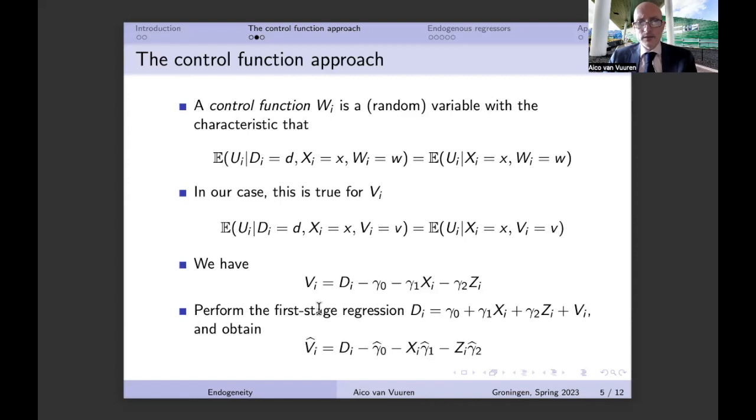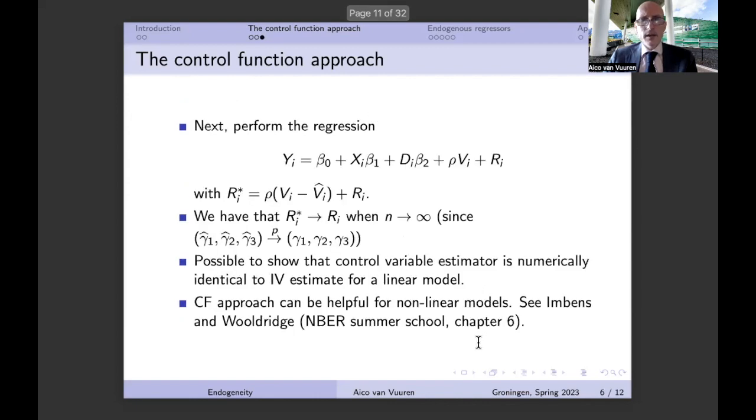What we can simply do is substitute in here gamma 0 hat, gamma 1 hat, and gamma 2 hat. Then we can rewrite our regression equation a little bit. The regression equation that we had so far, y on x, d, and rho times v, of course. What we can now do is add and subtract rho times Vi hat, and then we get this thing over here.